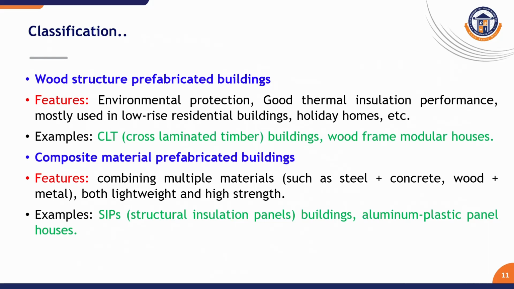Wood structure buildings are environmentally friendly, with good thermal insulation, and are used in low-rise housing. The composite material buildings combine materials like steel and concrete for lightweight and strong units. Structural insulated panels and aluminum plastic panels are examples of combined multiple materials.